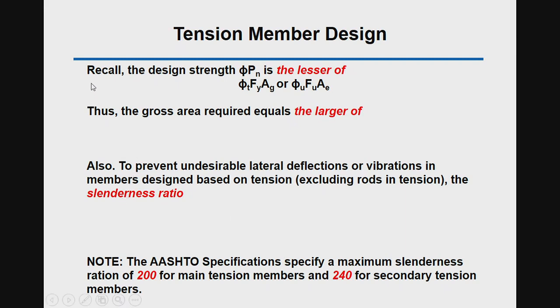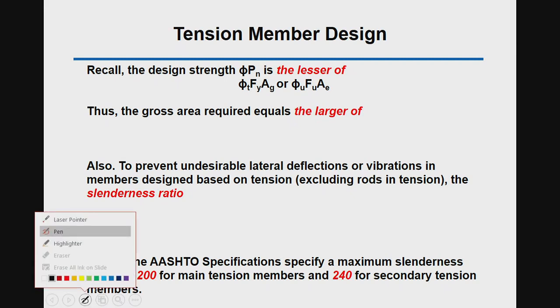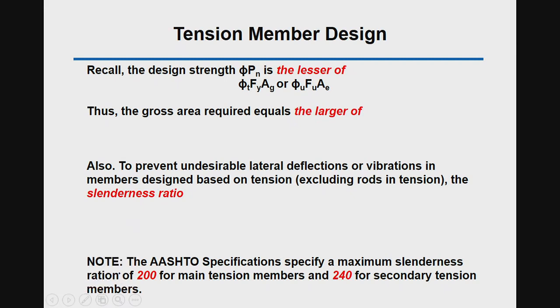Recall the design strength phi Pn is the lesser of the yielding state, phi Fy Ag, or fracture, phi Fu Ae. So we want to find a member with phi Pn either phi Fy Ag must be greater than Pu, right?